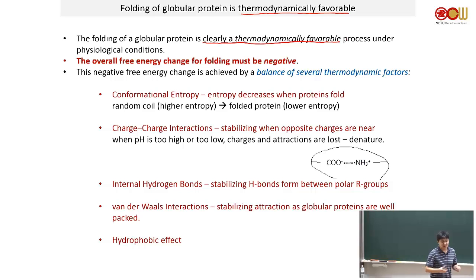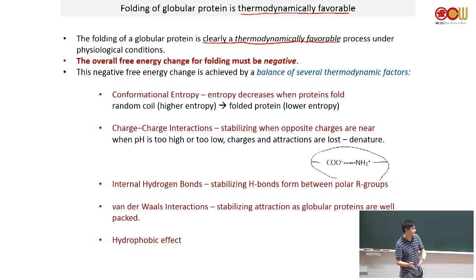Why? Because otherwise, your proteins will all be denatured, right? Because you're living at this moment with soluble proteins, meaning that going from a denatured state to a properly folded state is a thermodynamically favorable process. Because if it's not, you will not be standing here. You'll be a big blob of proteins.